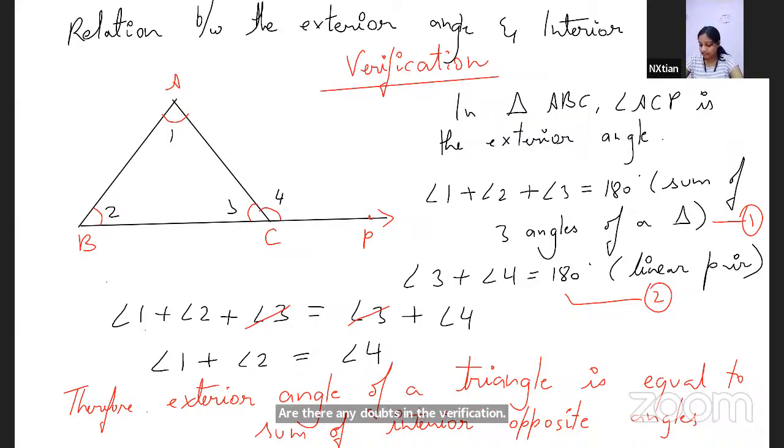The last part I said was that angle 1 plus 2 will be equal to angle 4. And therefore, the exterior angle of a triangle, that is angle 4, will be equal to angle 1 and angle 2. Okay? Abraham, hope it's clear. Do you want me to explain again? Anaya, clear? Okay. Yes. So this was the verification.